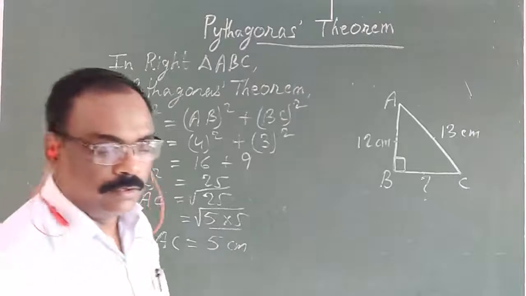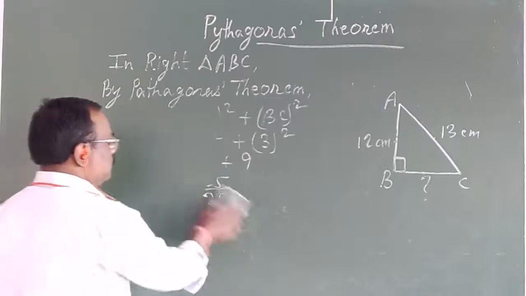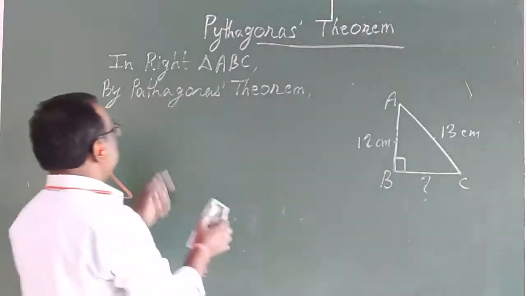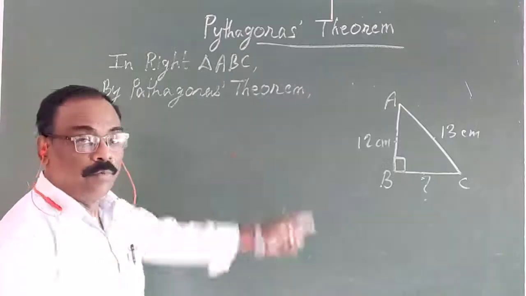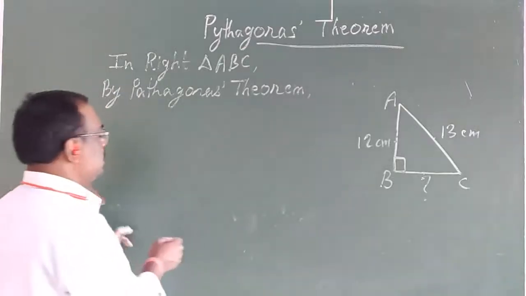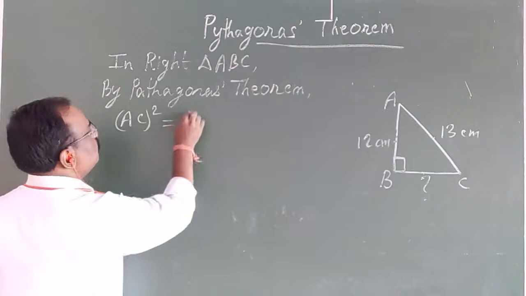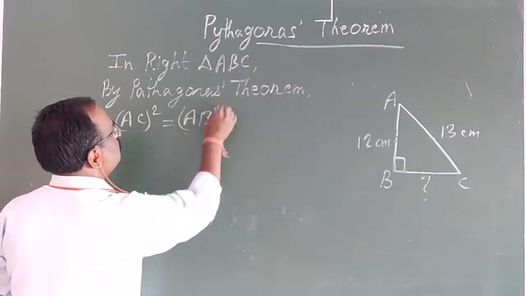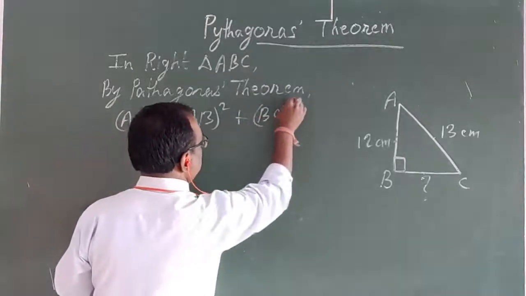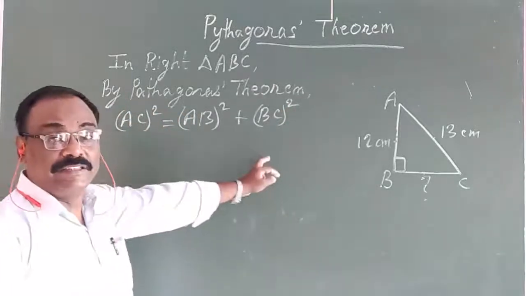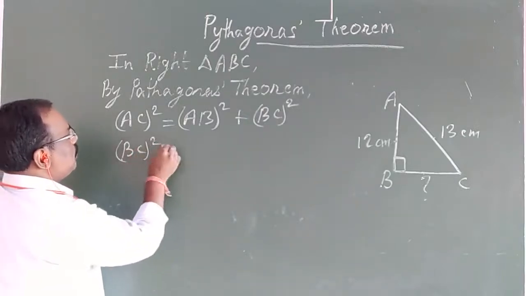The figure remains the same, so you will write again, in right triangle ABC, by Pythagoras theorem, AC square is equal to AB square plus BC square. But here we need to find BC.